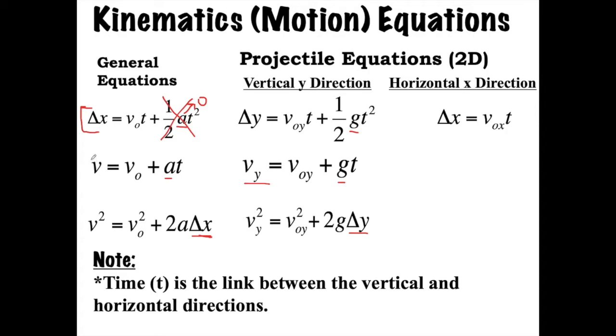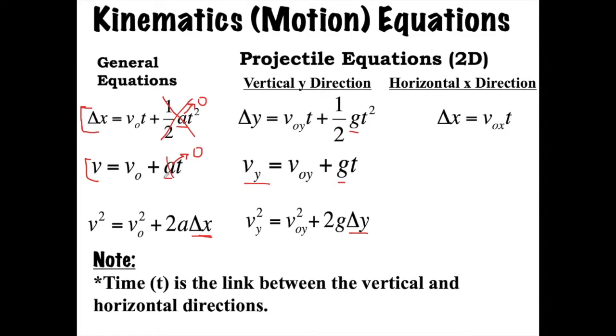Now, if we take this equation right here and we say, let's try to come up with an equation for the x direction, I'm going to put a little subscript x here and a subscript x here. But again, since acceleration is equal to 0, because things do not accelerate horizontally, like when you throw a baseball, if you throw it at 50 miles per hour, playing catch with somebody, they're going to catch it at 50 miles per hour if you were to throw it horizontally, pretty close, right?